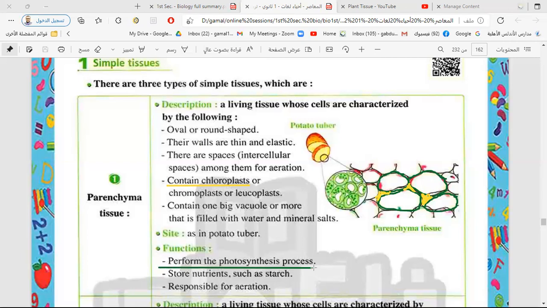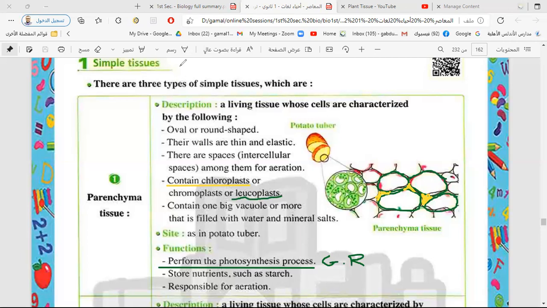If you are asked to give the reason, you will say because it contains chloroplasts, which can absorb sunlight. The chlorophyll inside it can absorb sunlight and carry out photosynthesis.